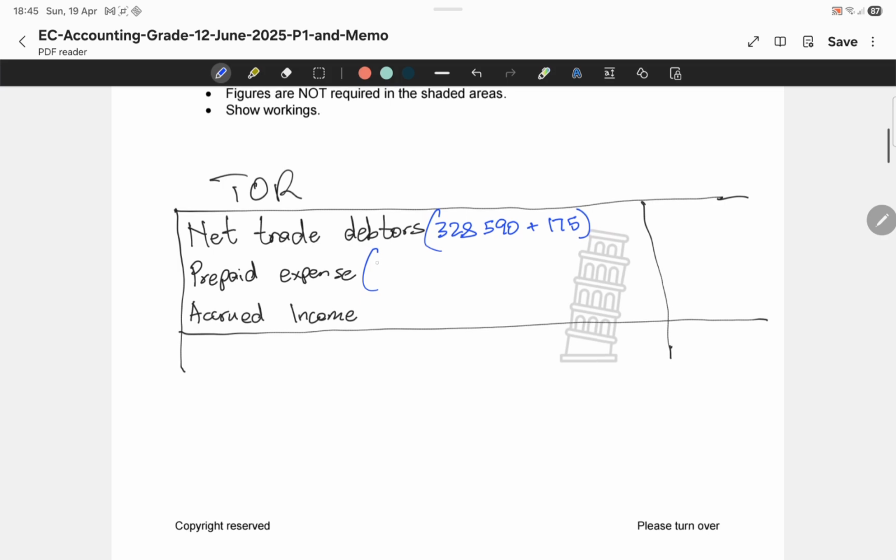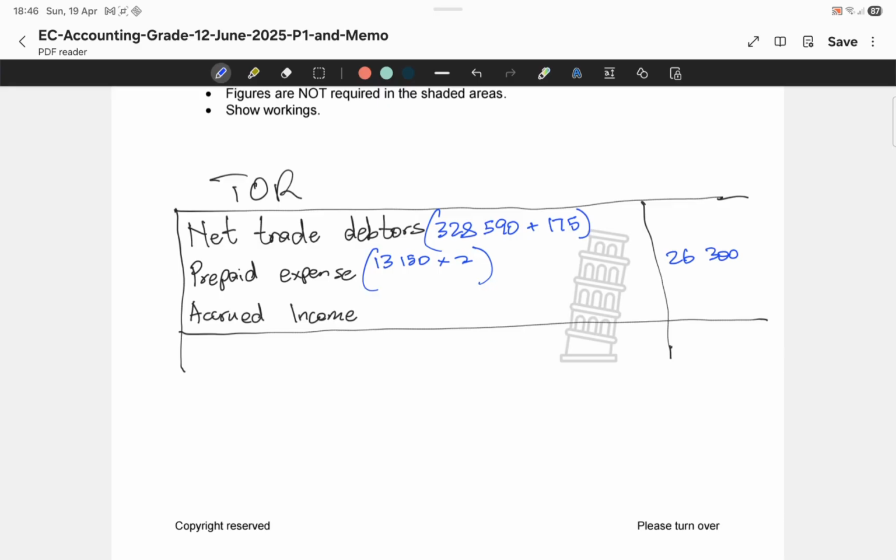You can say 13,150 multiplied by 2. Then the total amount is 26,300. This is the amount you must subtract.